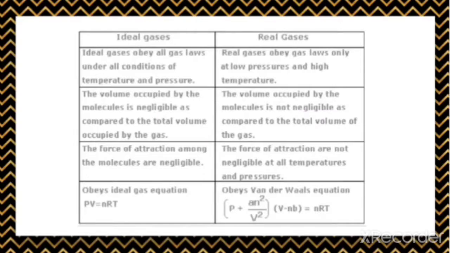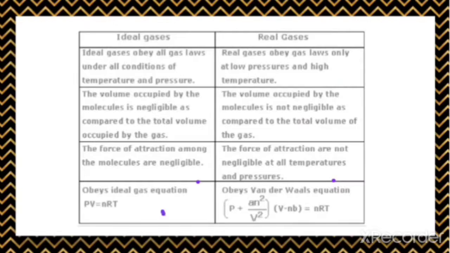But in real gases, the volume of the gas molecules is not negligible. That volume is also considered. That means the volume of the gas molecules is considered in real gases, but not in ideal gases. And the force of attraction among the molecules is negligible in ideal gases, but in real gases the forces of attraction are not negligible at all temperatures and pressures.